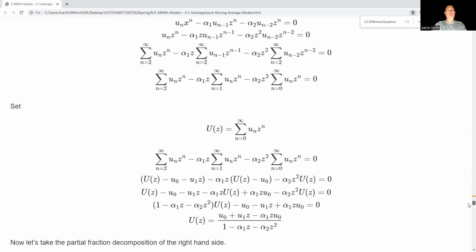All right, so now when I do that, I notice that this part is u minus the first 2 terms. This is u minus the first, and this is u itself. So what I'm going to do, I'm going to rewrite these equations so that I notice that this part is u without the constant, without the linear term.